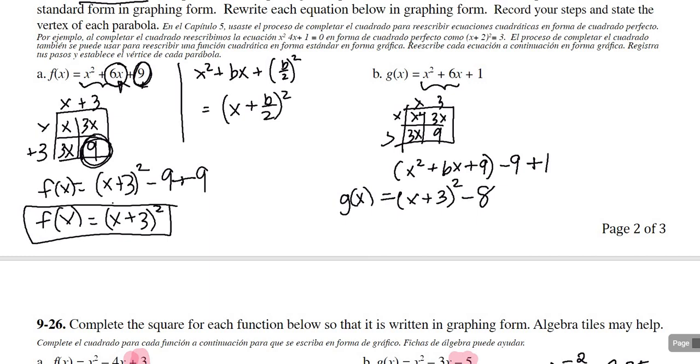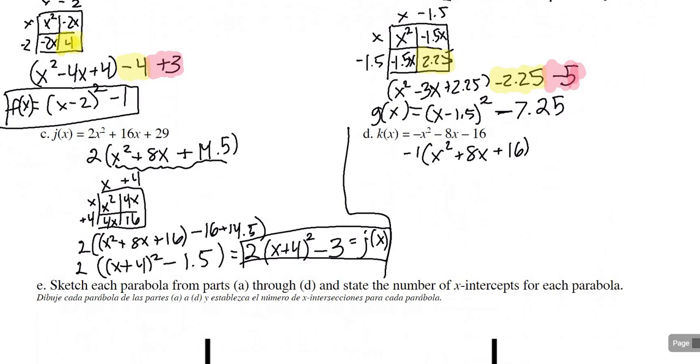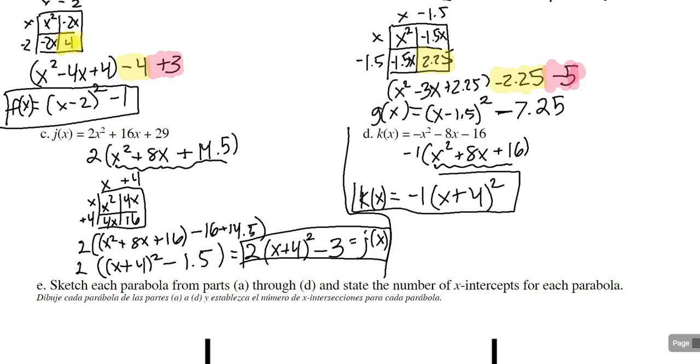And I see that happening here. So you can do all the steps to complete the square, but if you remember your special case factoring, you can see that this is -1 times x plus 4 squared, even better. Because special case factoring is something that will save you a lot of time as you progress in mathematics. Factoring is always going to be with us. It's nice if we can do it with special cases.